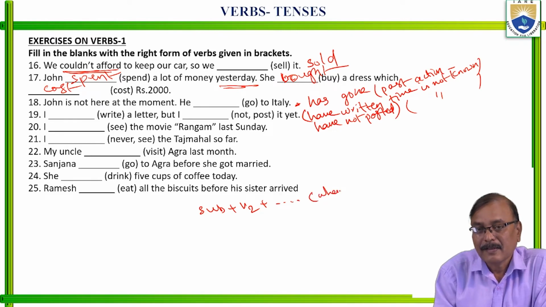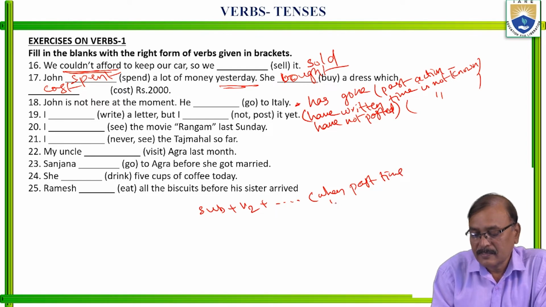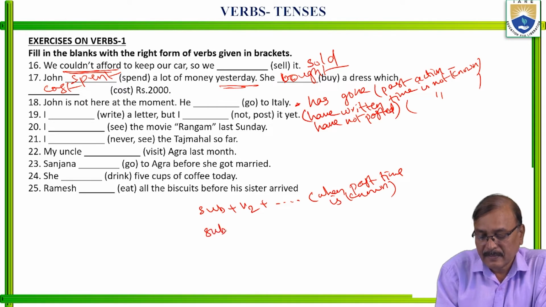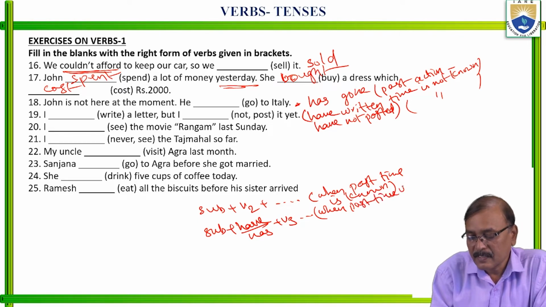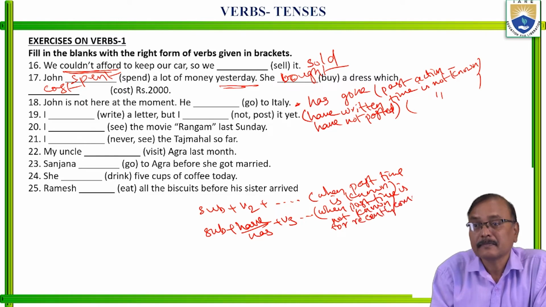when past time is mentioned, past time is known. Use the subject plus have or has plus V3 when past time is not known, or for recent actions, recently completed actions.